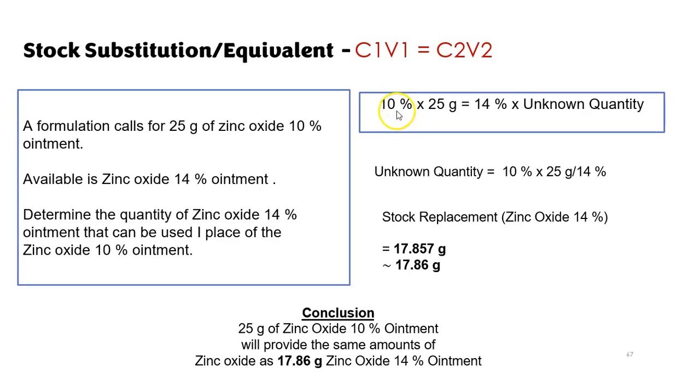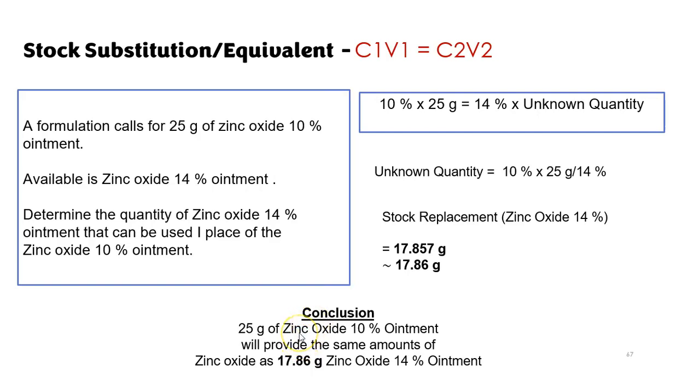So we know the stock is 10%, 25 grams. We know that the new stock that we're using for the replacement is 14, but we don't know the quantity to be used, right? So you make the unknown quantity the subject of the mathematical statement, which is 10 times 25 divided by 14. And voila, you have 17.86 grams of ointment.